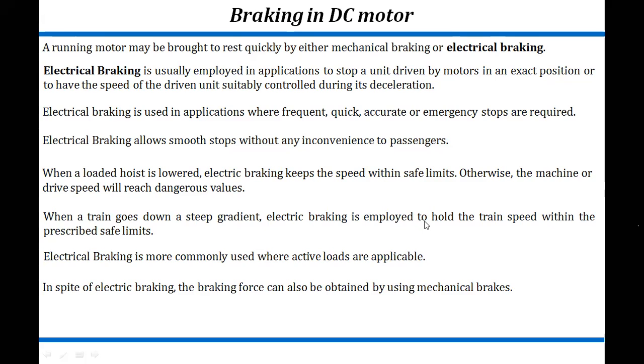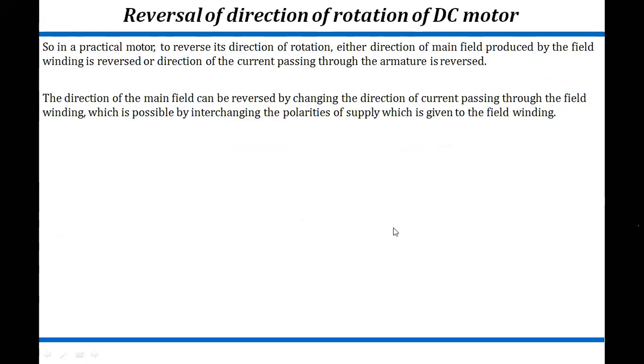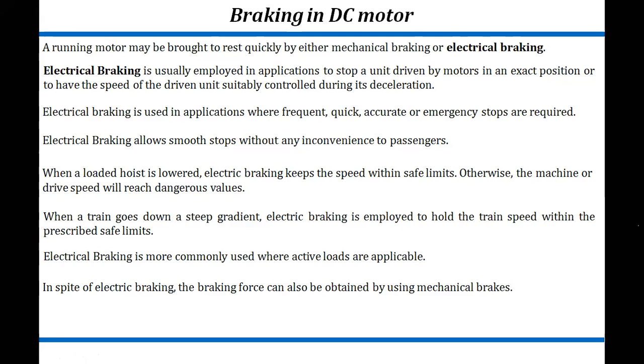In the last session, we have seen how to reverse the direction of DC motor. If we are supposed to reverse the direction of the motor, we can do it only by changing the polarities of the power supply. It means when we give the power supply to the DC motor, we make the supply inverse.